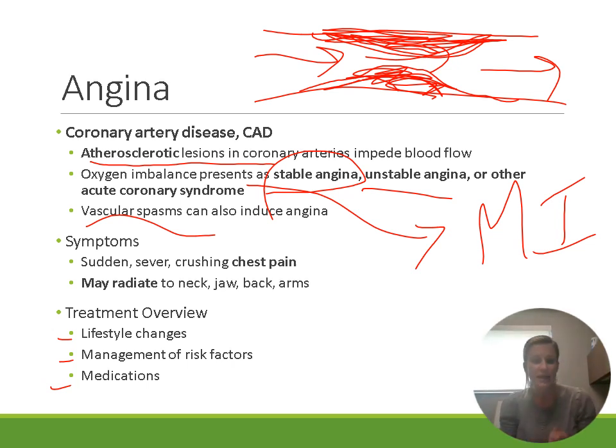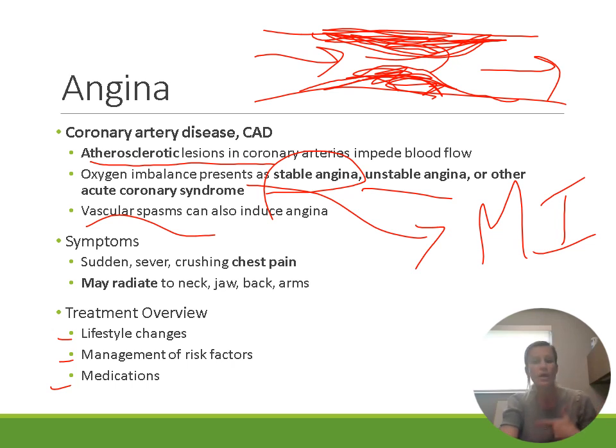So as far as lifestyle changes go, smoking cessation, exercise, and weight reduction are key, because smoking, a sedentary lifestyle, and obesity are all things that can worsen atherosclerosis and worsen coronary artery disease. So we recommend these lifestyle changes.